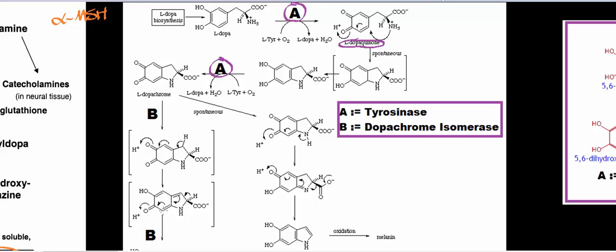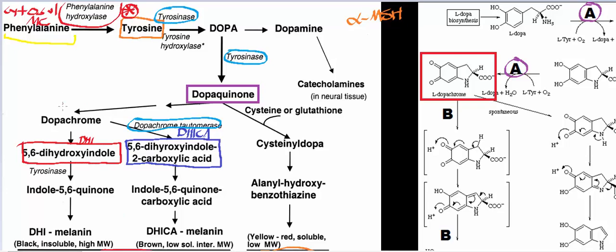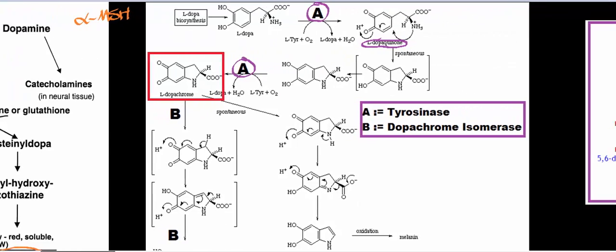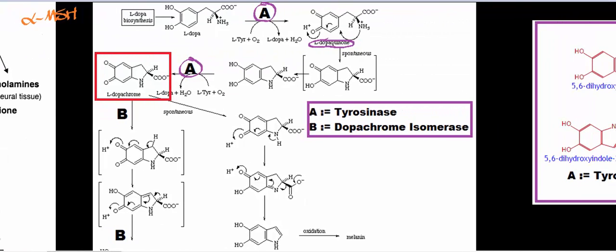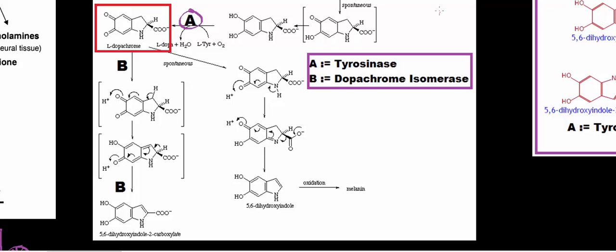Okay, so if you're considering eumelanin synthesis, the main branch point I'm concerned about is called dopachrome. Okay, and if you go back over here to this picture, you'll see dopachrome can either turn into DHI, or it can react with dopachrome tautomerase to form DHICA.